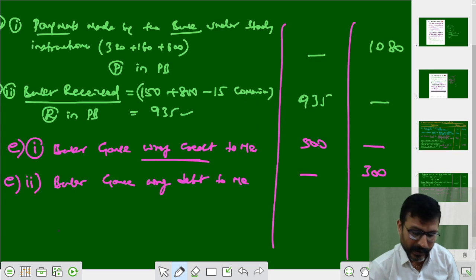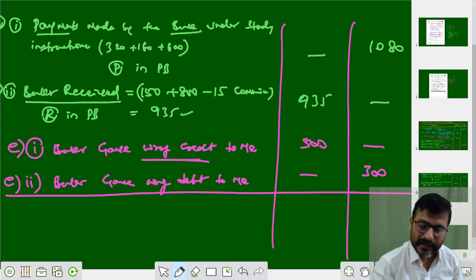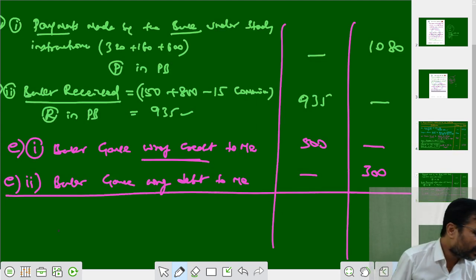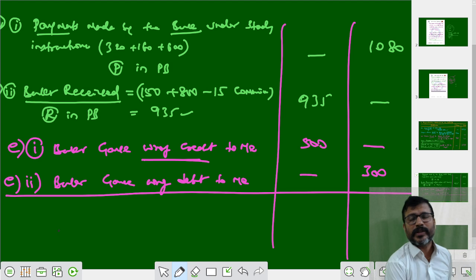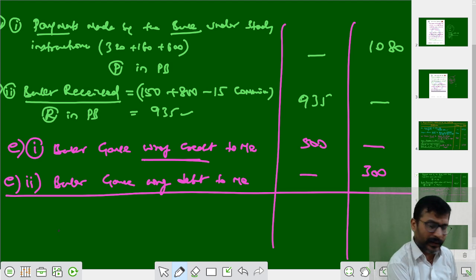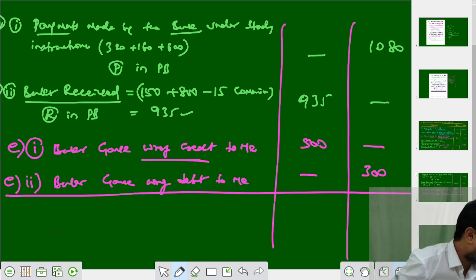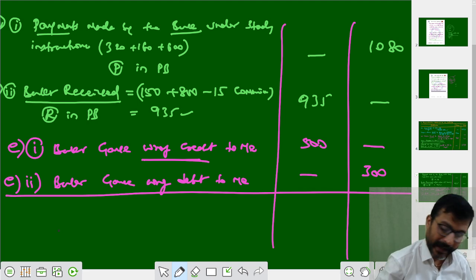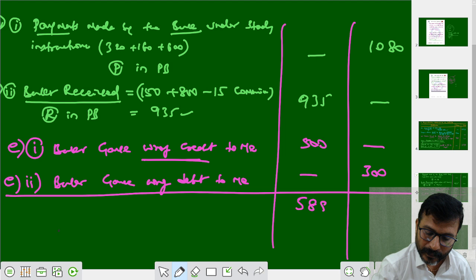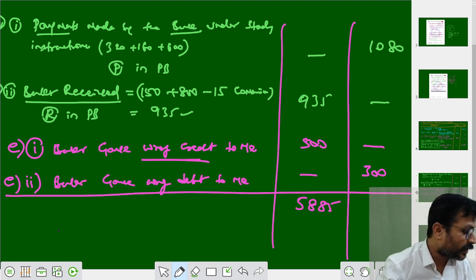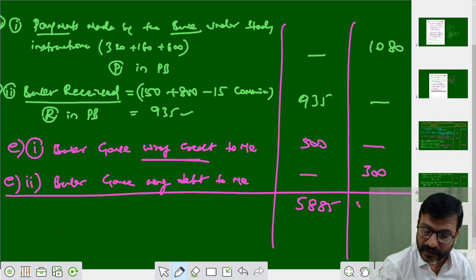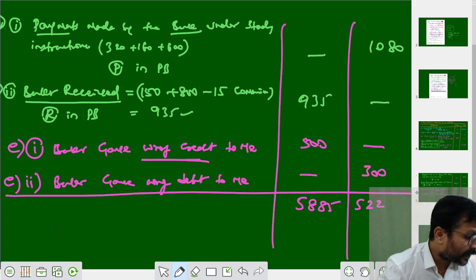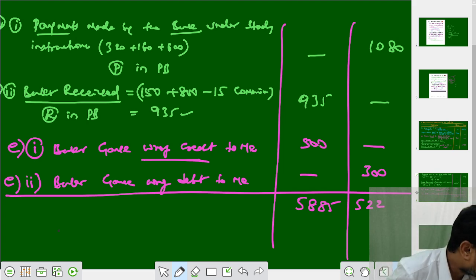Okay. Now my dear kids, we have to do the BRS. Find out the total. Once you check it with your calculator, the total comes to the debit side 5,885. Credit side total 52,280 rupees.